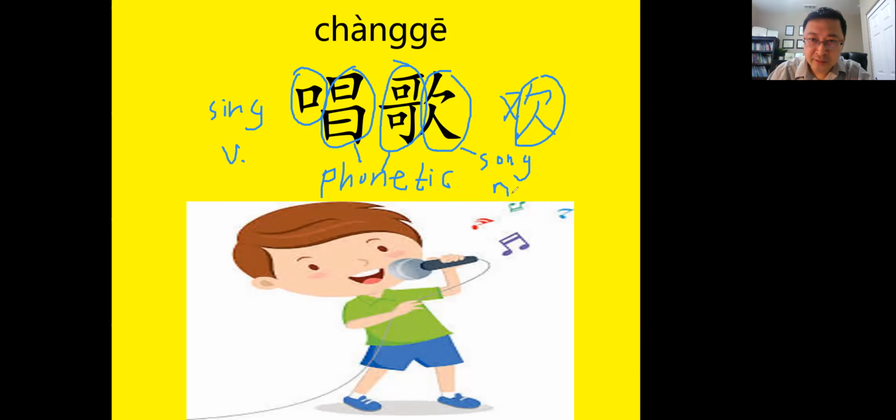That's a noun or object. So this structure is called verb plus object structure. Also, we can call it detachable compound.